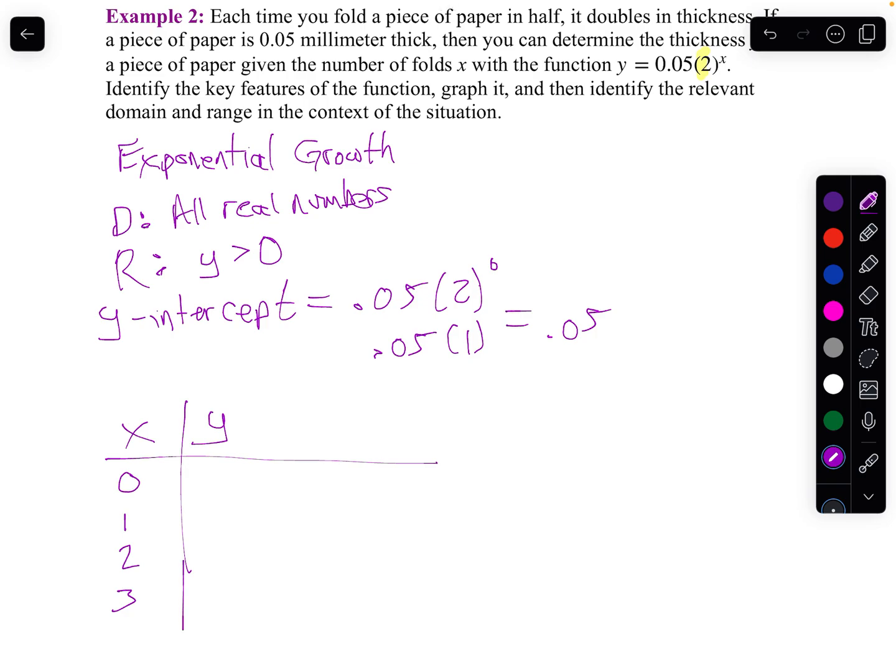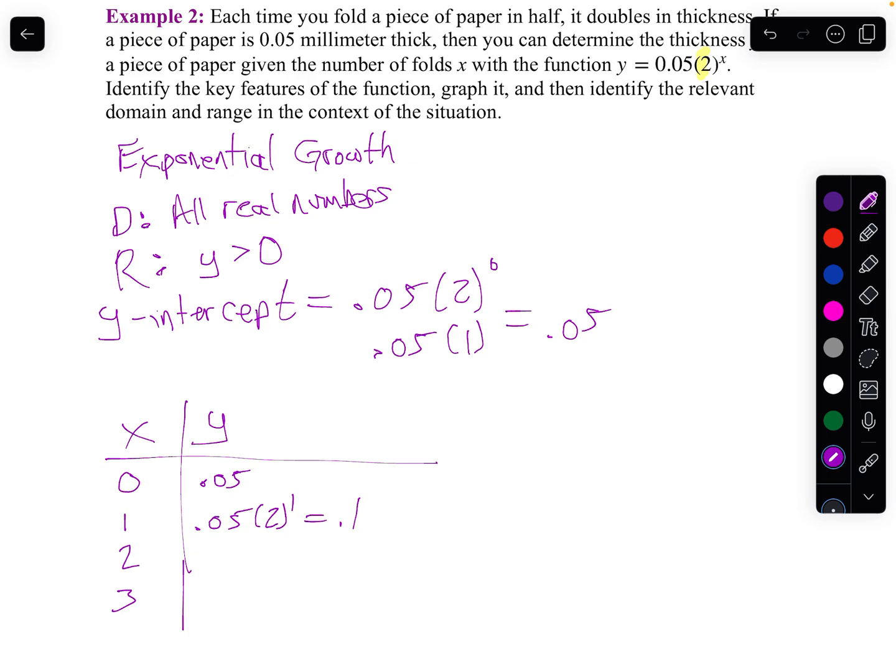So now, I already know when x is 0, I get 0.05. When x is 1, that'll be 0.05 times 2 to the first power. Well, 0.05 times 2 to the first power, that's 0.1, isn't it?